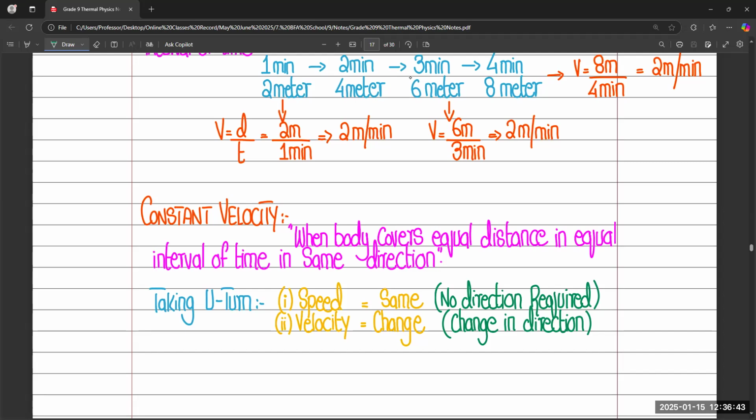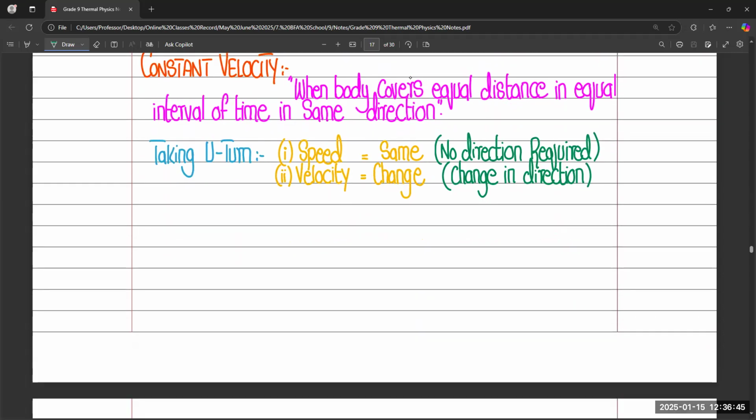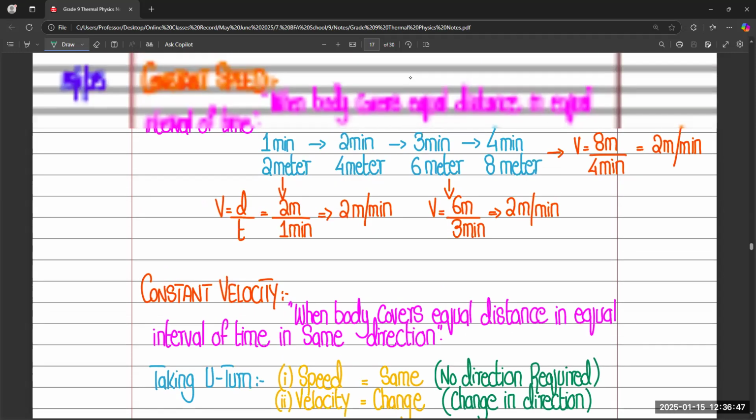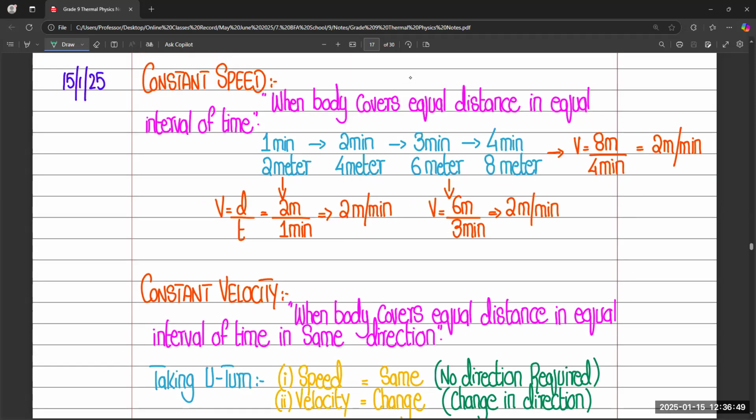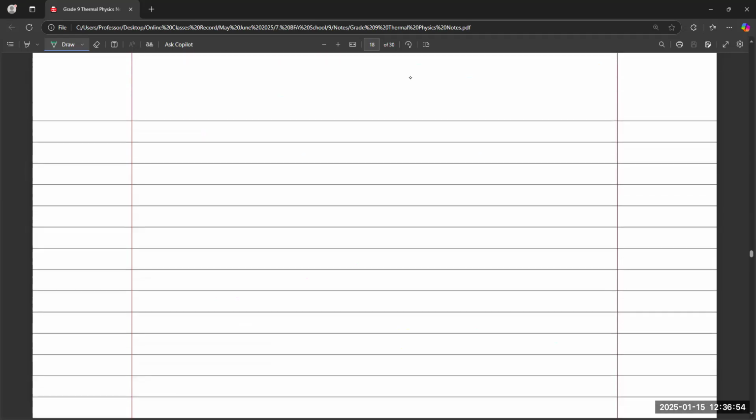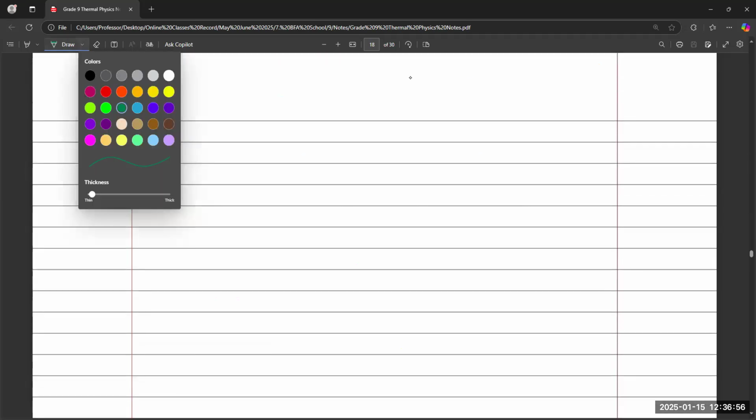Okay. And now, we can include one more quantity in motion, that is called acceleration.